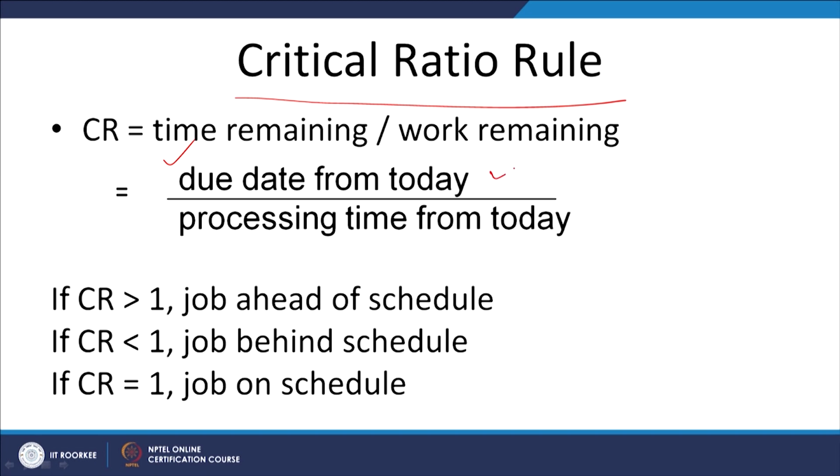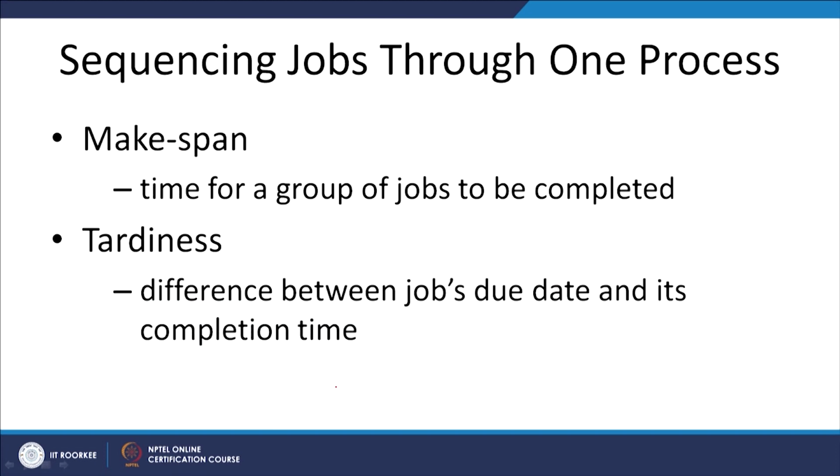So, due date from today and processing time from today. When CR, the critical ratio, is greater than 1, the job is ahead of schedule. When CR is less than 1, the job is behind schedule, and it is just on time when the CR value is equal to 1.